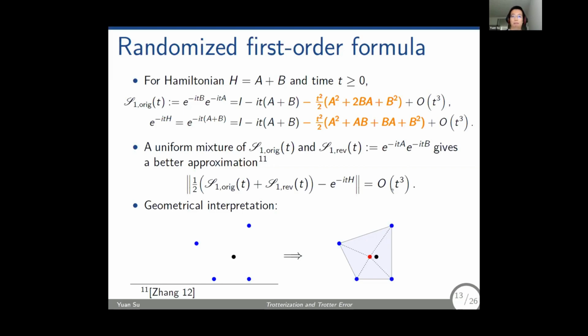Your error will not only depend on the evolution time, but also on the norm of the Hamiltonian, the size of A and B. If you only apply the deterministic formula, you only have one possible choice for the order of A and B. But if you do the randomization, you have multiple choices for the ordering of A and B. And it turns out that that can also reduce the dependence on the size of the Hamiltonian.